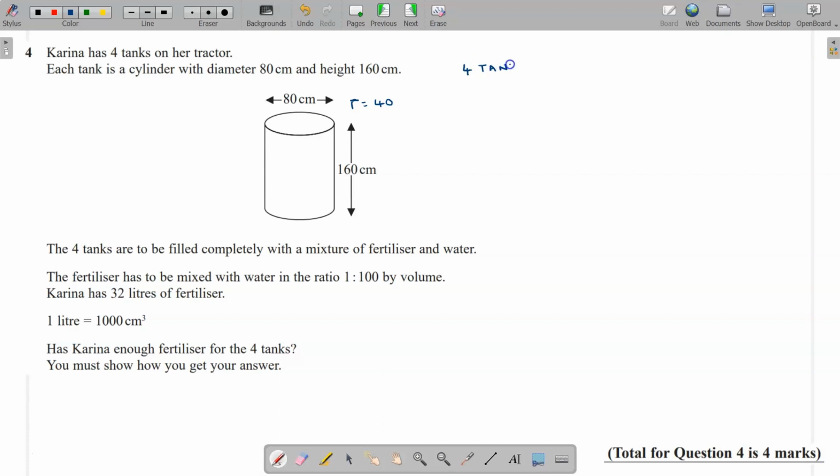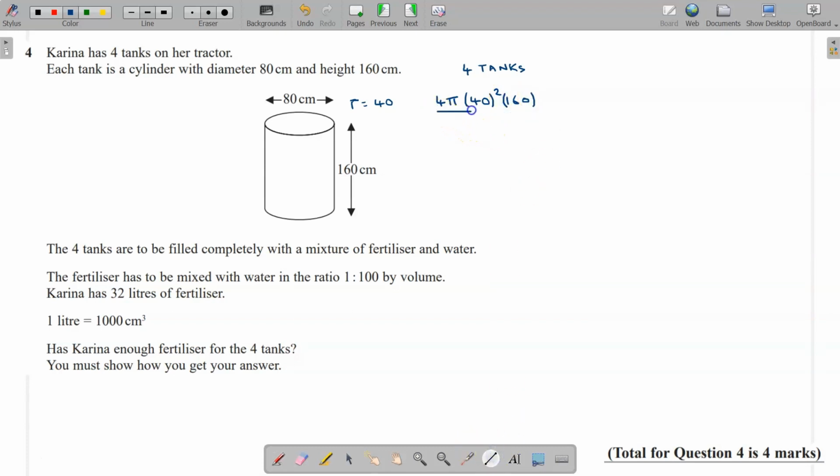Okay, and this is how I'm going to do it. I'm going to simply start forming an inequality, in fact. So what I'm going to say is that the 4 tanks have a volume of 4 times pi times the radius squared times the height, which is 160. Okay, so that's the volume of the 4 tanks in cubic centimeters.